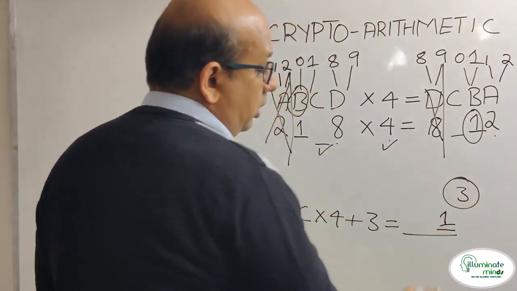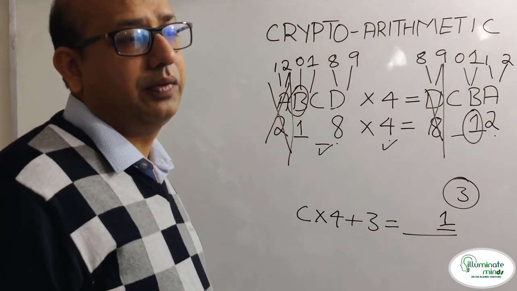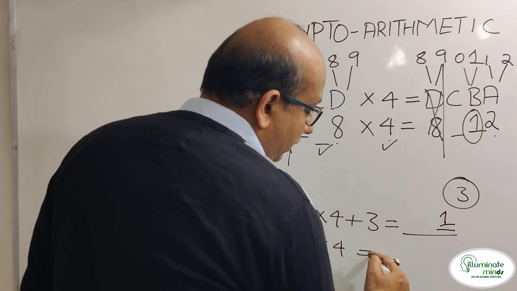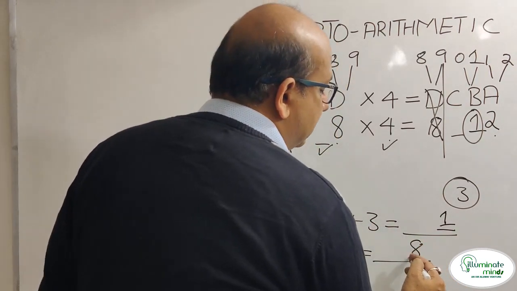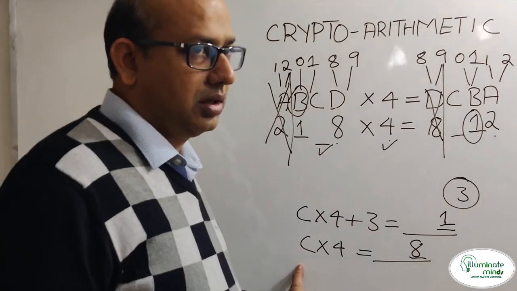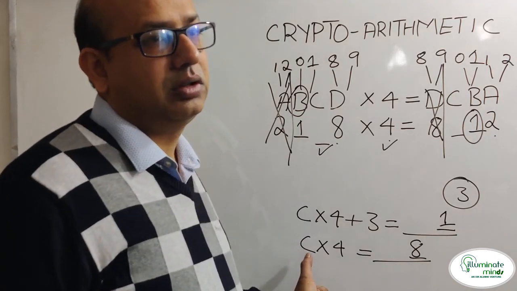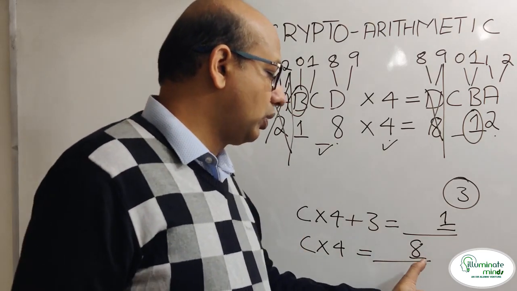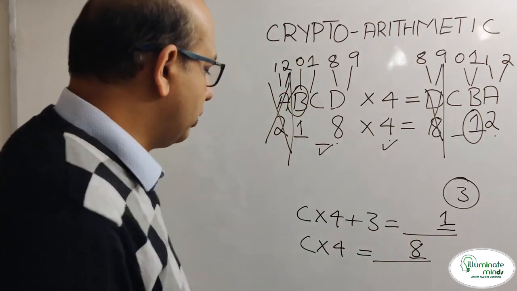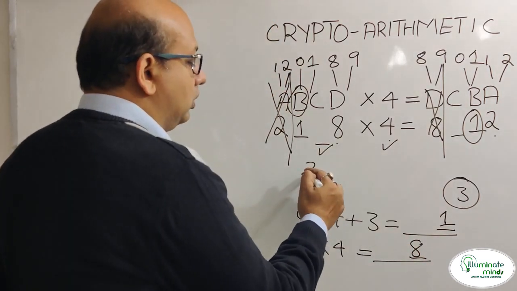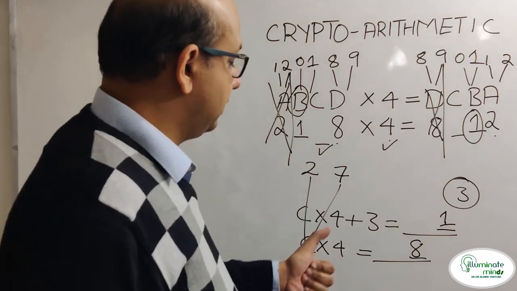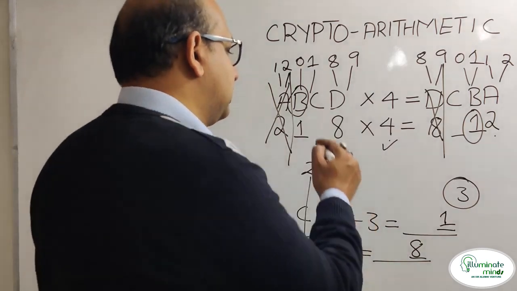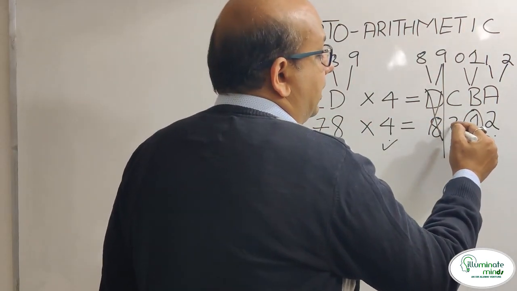So this number can be 11, 21, 31, 41, 51, 61, 71, anything. If I subtract 3 from there, C into 4 would result in a number which has 8 at its last place. C is a digit, so C should have a value between 0 and 9. A digit multiplied with 4 should give me a value ending in 8. So there are only 2 options for C. One is 2, the other is 7. 2 4s are 8, 7 4s are 28. Since I have already taken 2, the only option left for C is 7. So this is one example. We'll take up another example next time.